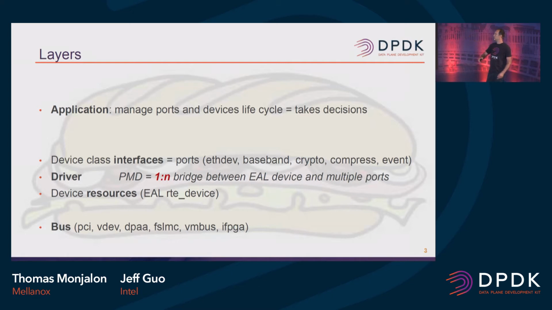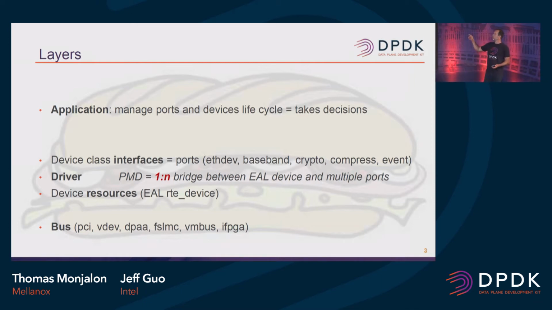What is a device in DPDK? You have the device resource, which is handled in EAL. You have the driver, which uses these resources. And on the top, the ports, some class interfaces. The ports can be ethdev, the most known one. And there is also baseband, crypto, compress, dev, event, and so on.